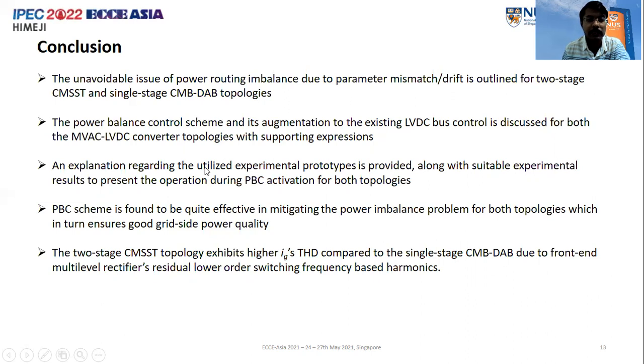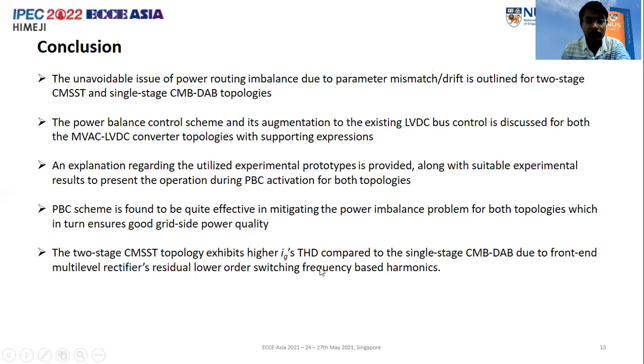An explanation is also given regarding the utilized experimental prototypes, and suitable results are presented to show the operation during the PBC activation event for both the topologies. The PBC scheme is found to be quite effective in mitigating the power imbalance issue for both the topologies, and in turn ensures very good grid-side power quality.